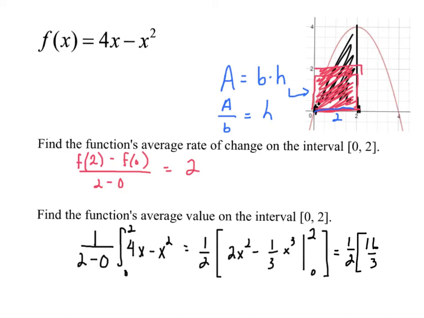We plug in 0, we get 0. So 1/2 of 16/3 is 8/3. So it's under 3, so it's going to be somewhere up in here. So this would be the height of the rectangle that would give us the same area as the curve that has the same base.